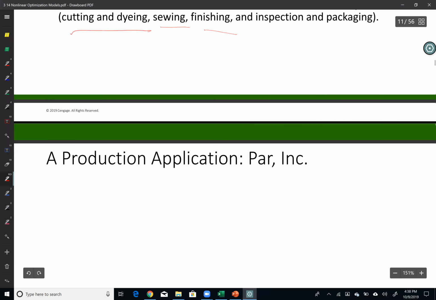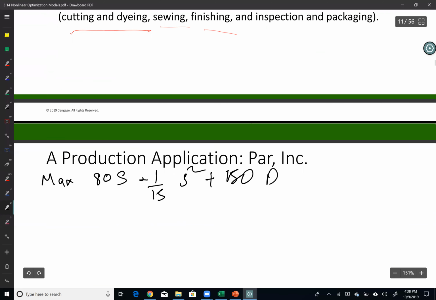Okay, so let me just write down the objective function for you here. So my model is a maximization problem. I'm trying to maximize 80 S, which is the demand for standard bags, minus 1/15 S square, plus 150 D, the demand for deluxe bags, minus 1/5 D square.